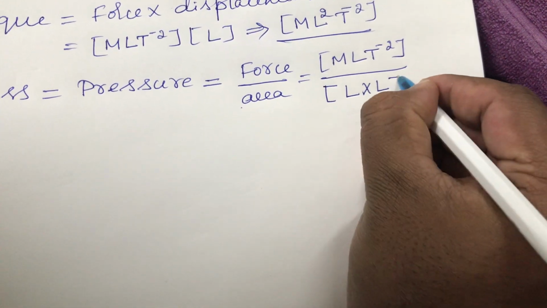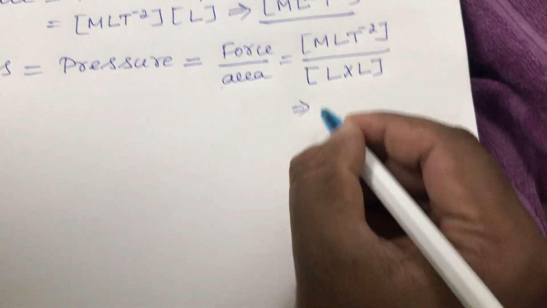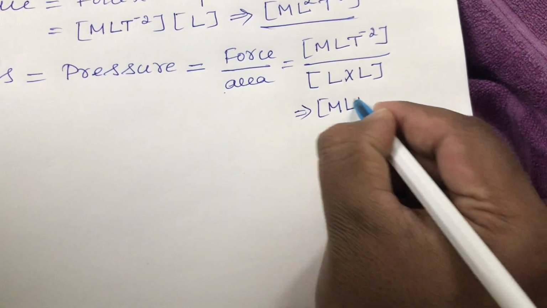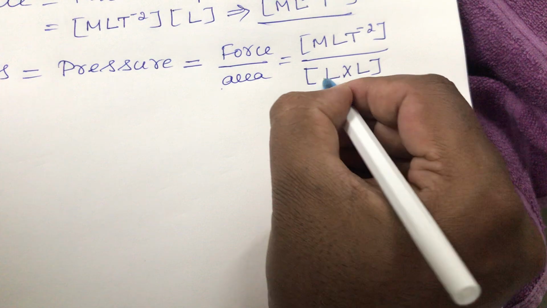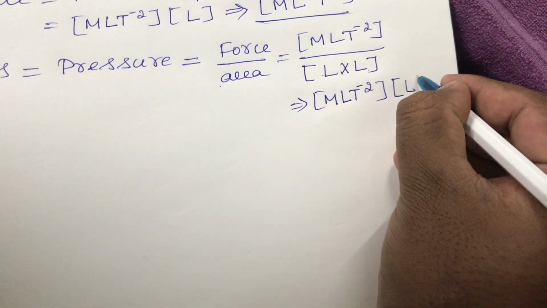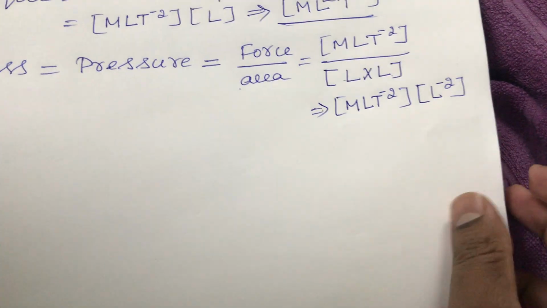So breadth is measured with respect to length only. So now what I will write is m l t to the power minus 2, and this l into l will be multiplied, it will become l square, and when it comes up it will become l to the power minus 2.